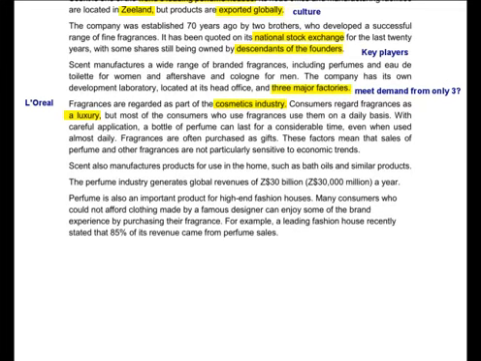But it also says that consumers use it on a daily basis, which is unusual because a luxury item would usually be a special, one-off thing. And also here it says that they're not particularly sensitive to economic trends.